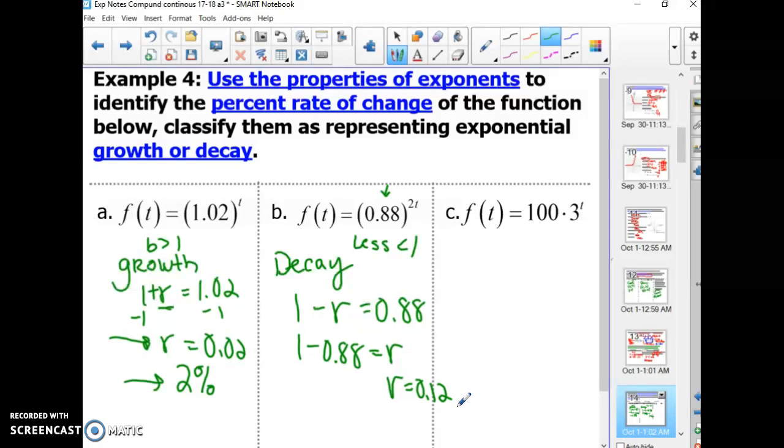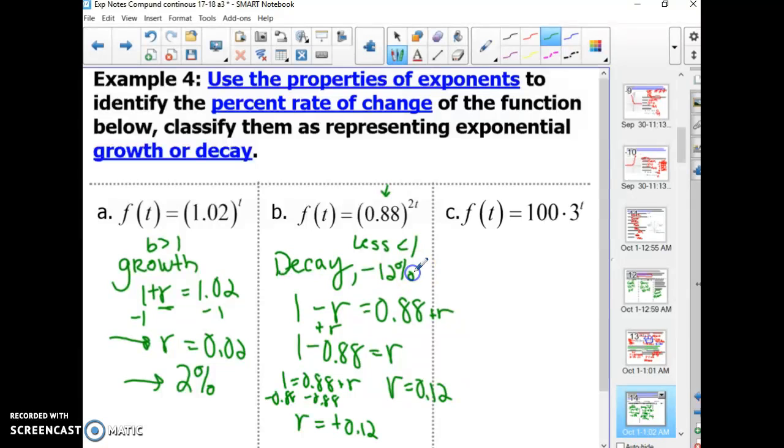That's one way to look at it. Switching stuff around, you can go plus r to both sides, so you get 1 is equal to 0.88 plus r. So I need to minus that 0.88, and you're going to get r is equal to a positive 0.12. But I'm decaying, so that is a negative 12%. I am going down, so this is a decrease.